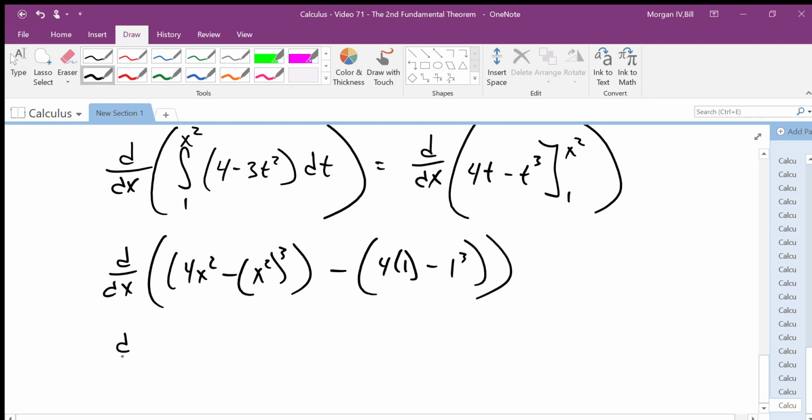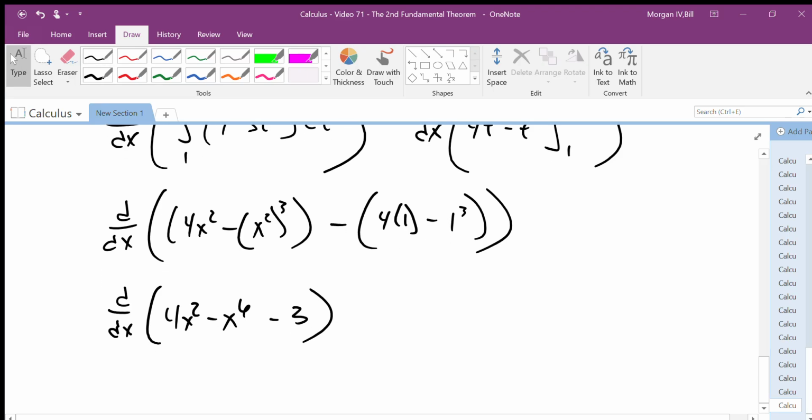That would be the derivative of 4x squared minus x to the 6th. Over here, 4 minus 1 is 3, so minus 3. Now when I do the derivative, we get 8x minus 6x to the 5th plus 0, and that is the rate of change of the area.